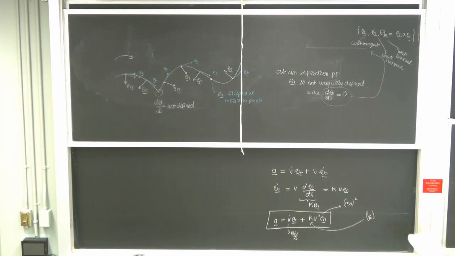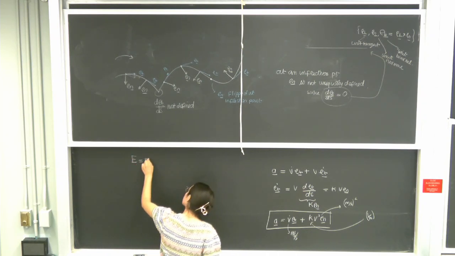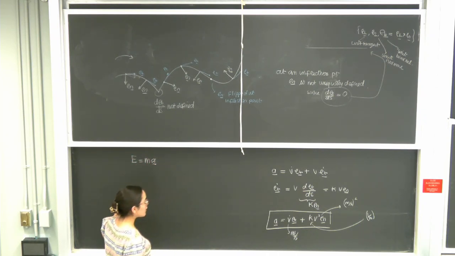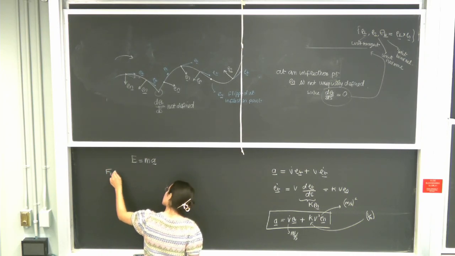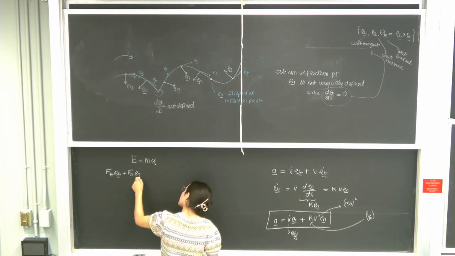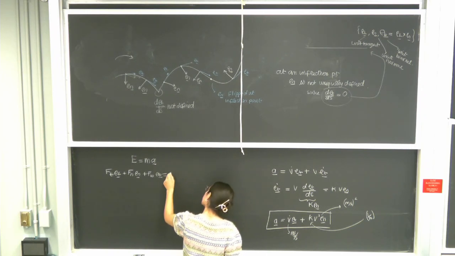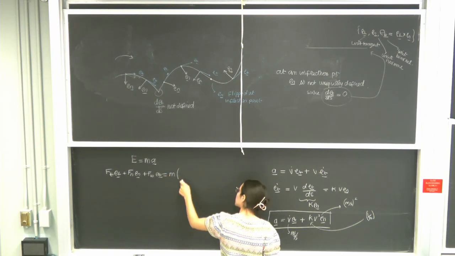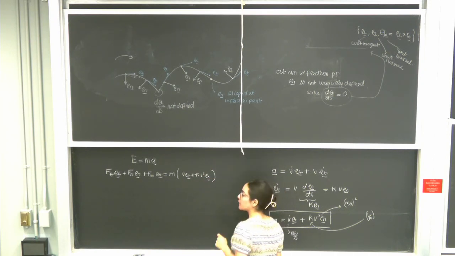So that's our expression for the acceleration in the Serret-Frenet basis. And we can also do kinetics in the Serret-Frenet basis. I can write F equals ma. And I can express my forces in terms of the Serret-Frenet basis: Ft Et plus Fn En plus Fb Eb is equal to m times A, where A is v dot et plus kappa v squared en.